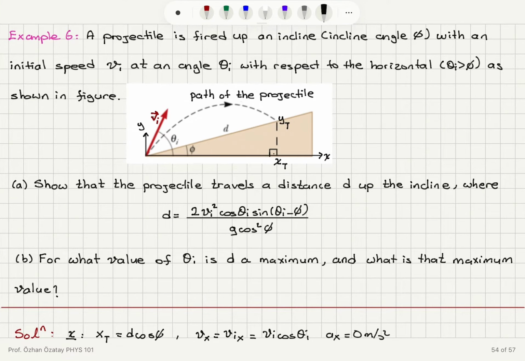So what is the distance I travel on the x-axis, delta x?